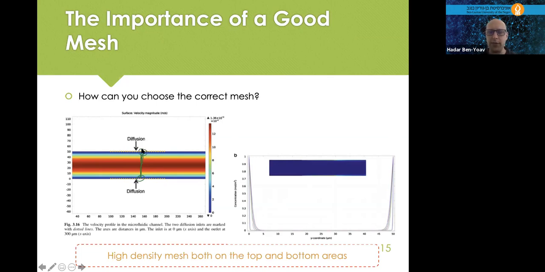Again, after the diffusion, and 0 in the middle because all the material diffused outside. And this is a good model because we use the high density mesh on both sides of the channel.